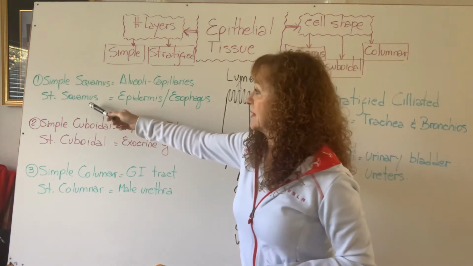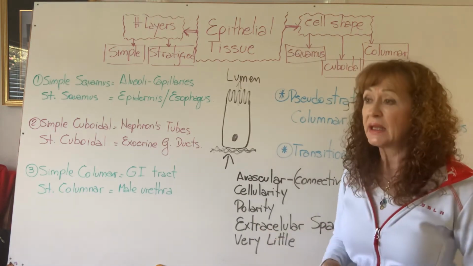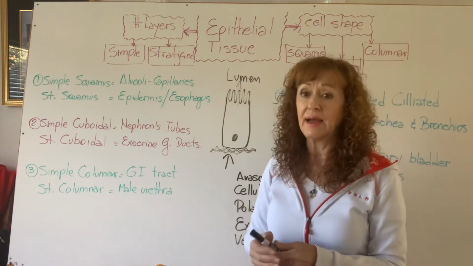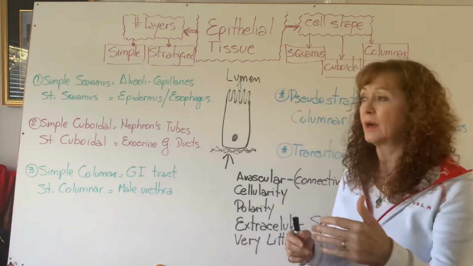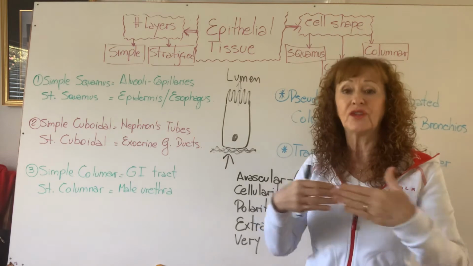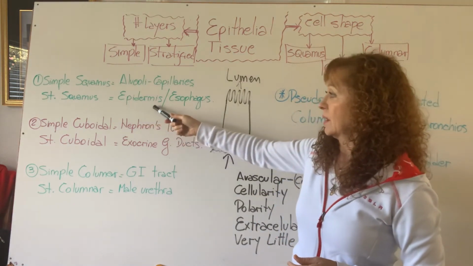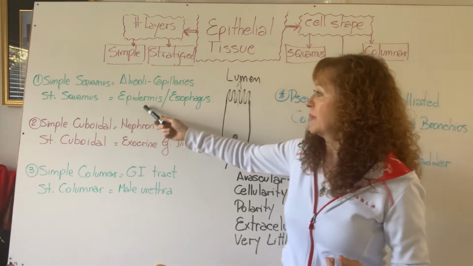The stratified squamous, again, is a tissue located in areas where there is a high exposure to friction. One of the samples can be found within the epidermis.